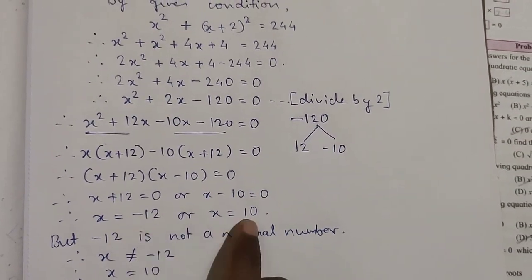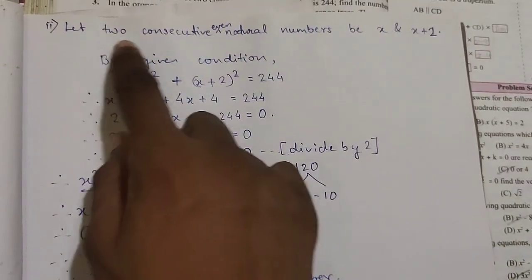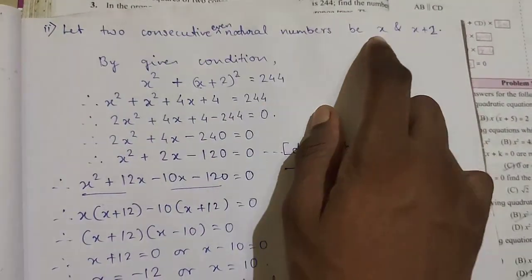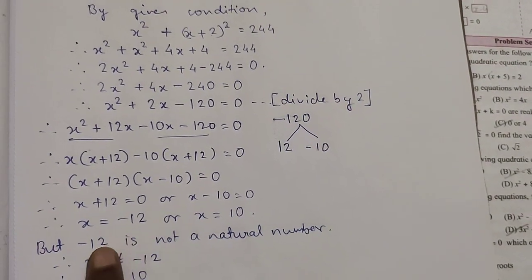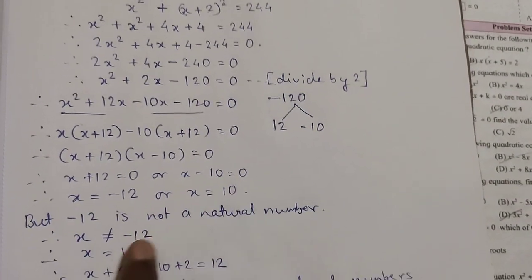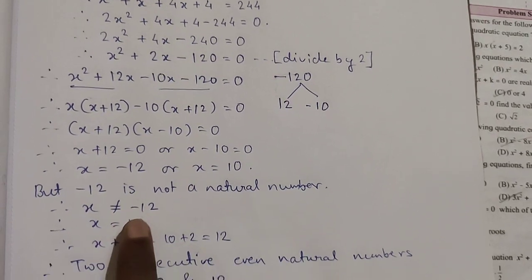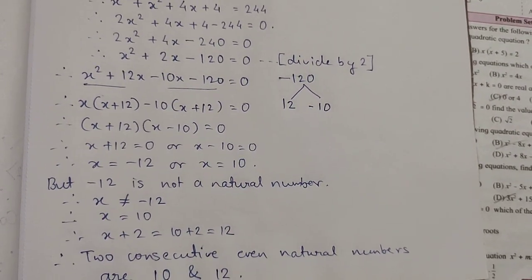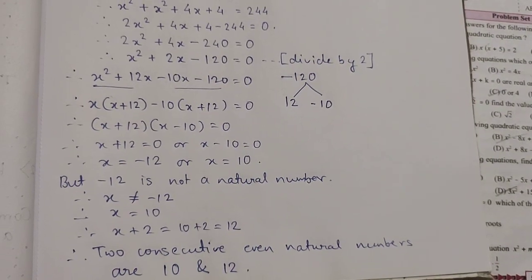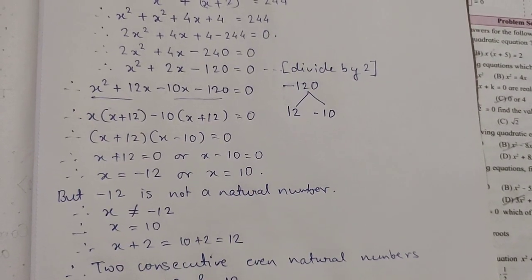And how to understand which one is wrong? By using your first line. Then you are going to remove that one value, and you are left with the other value, and after that you are going to write your final answer. So these are the steps you are going to follow whenever you are solving exercise 2.6.